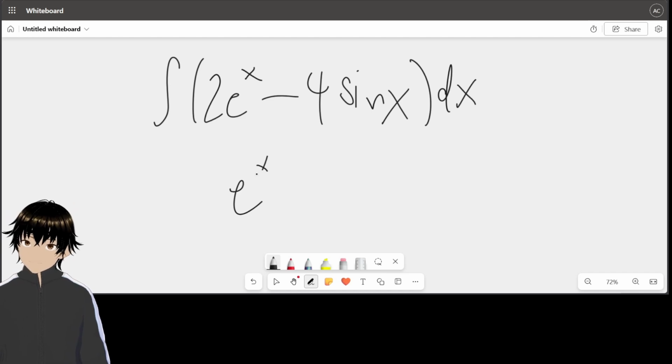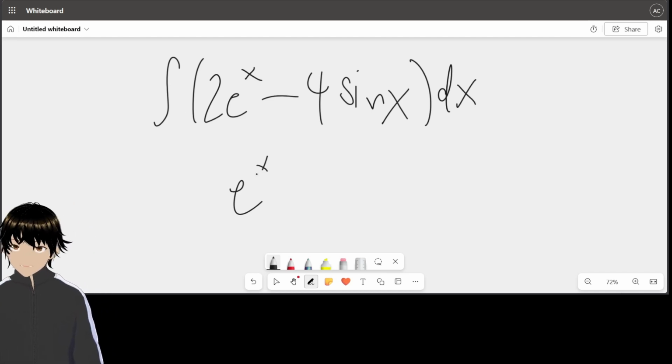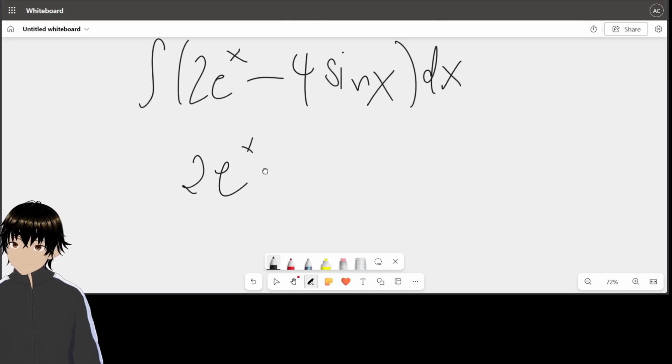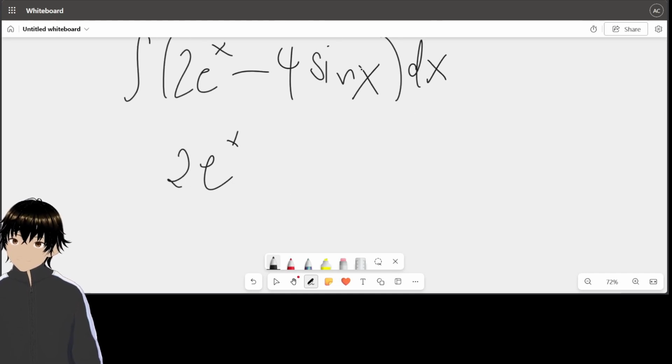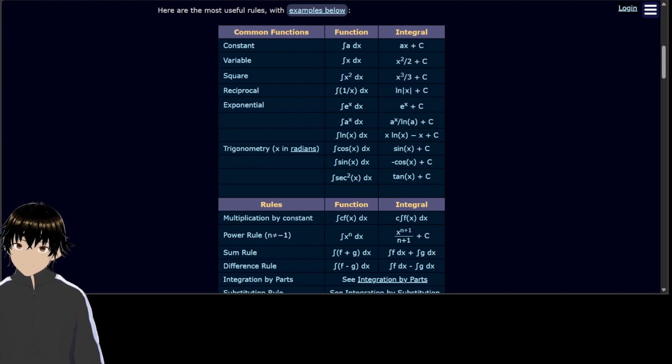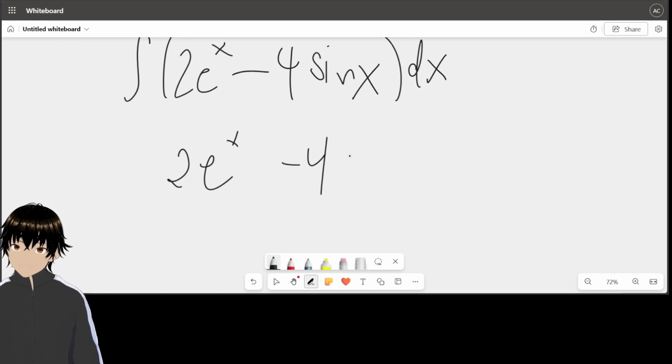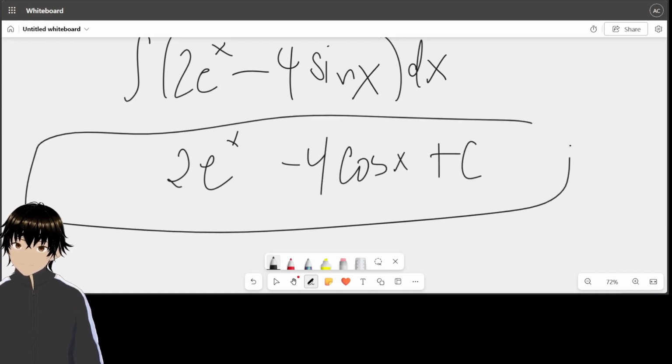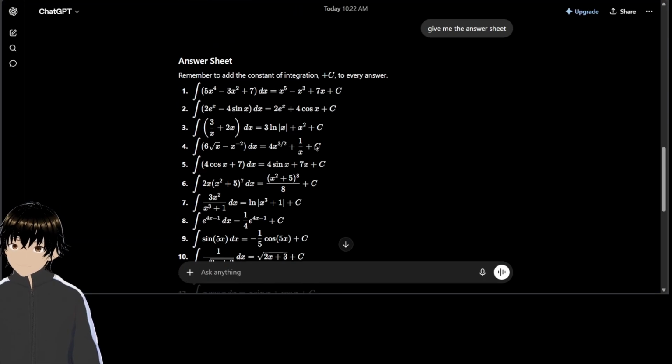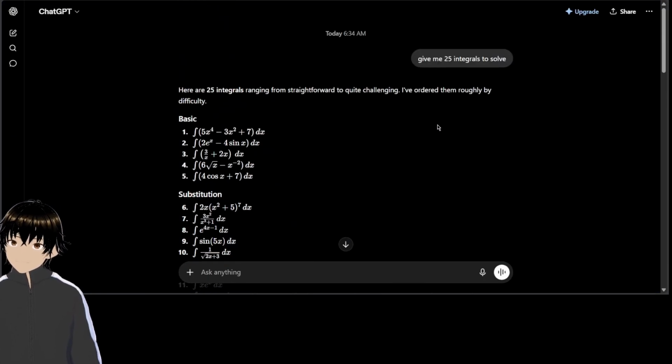I'm not really sure how Euler's numbers work in this type of equation, but I'm going to just follow what it says. I had an idea that this sine x was the only thing that was going to change. So we got negative 4 cosine x plus C. It's going to be the final answer, I believe. Let me check. Okay, yeah, it's right.